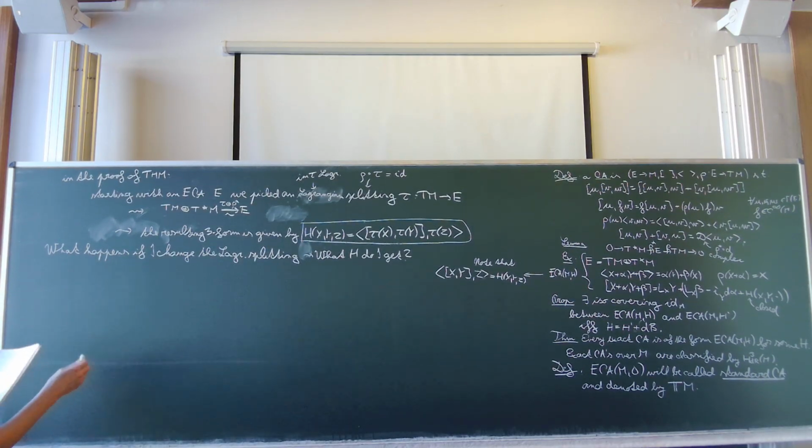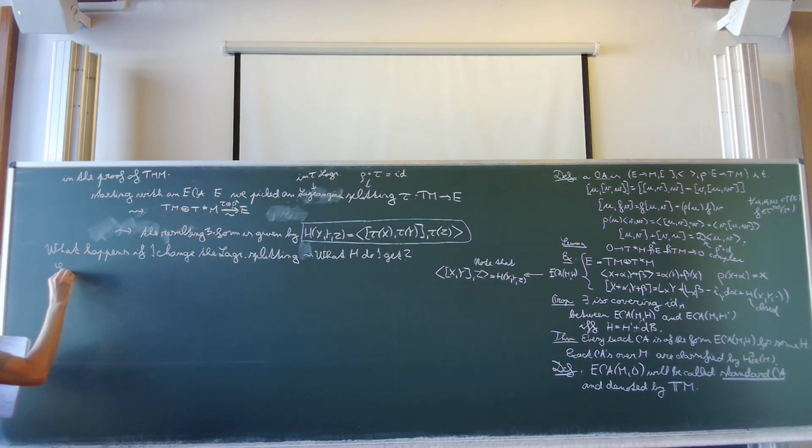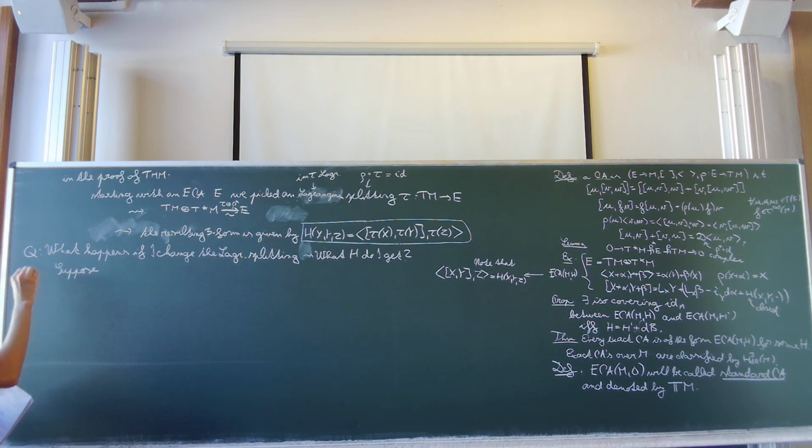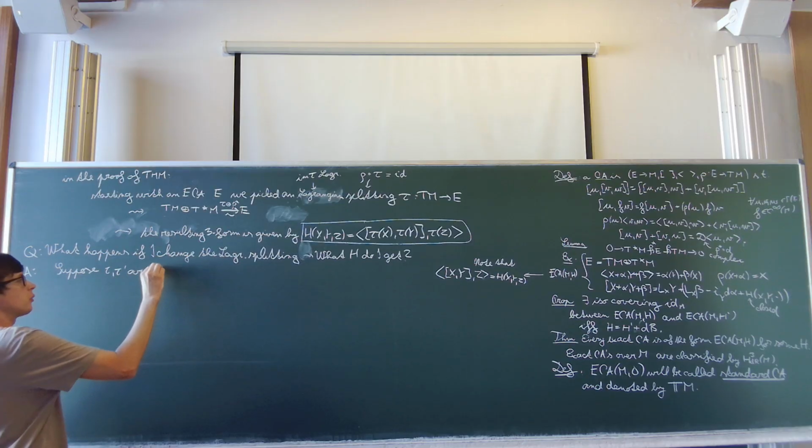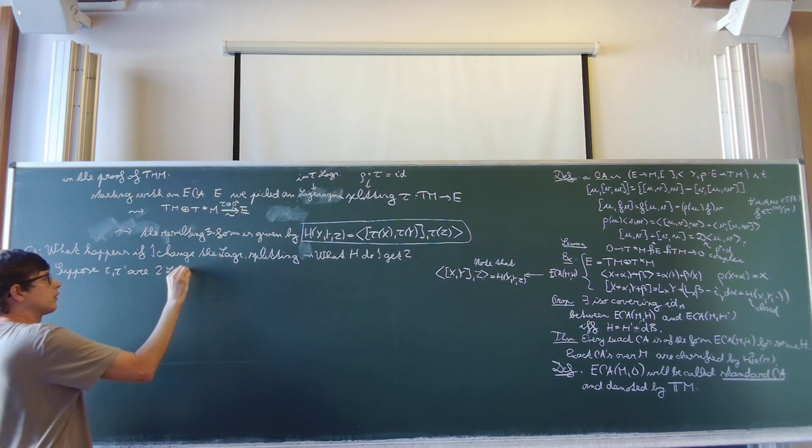Okay, so this is the question. Answer: suppose tau and tau prime are two Lagrangian splittings.